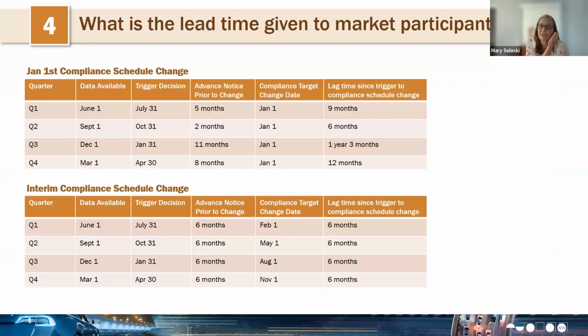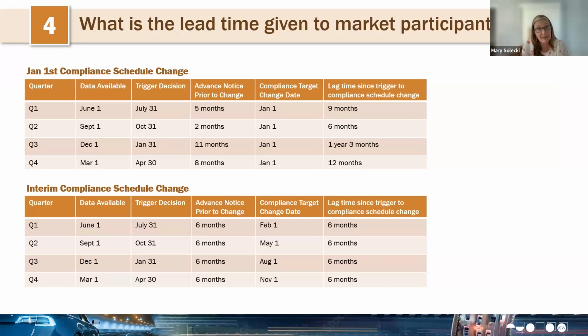This is a little bit hard to follow, so bear with me. But on the first table, we're assuming that CARB would only change the compliance schedule on January 1st. The second table assumes they would change it at other dates, and there's no precedent for that within CARB programs. So I think that we can basically cross that second table or scenario off the list.